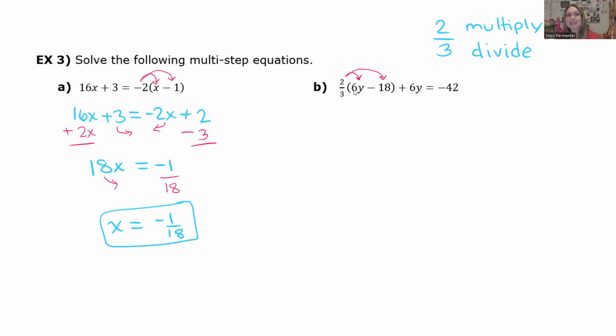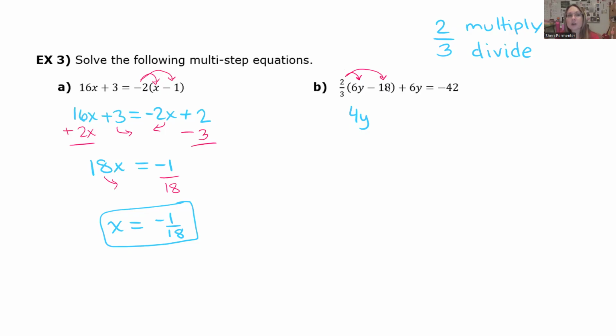So when we multiply by 6, what's 2 times 6 divided by 3? 4. Look, you just did it in your head. So that is 4y. Let's do the next one, but let's do it in the opposite order because maybe you don't want to do 2 times 18 and then you get a bigger number.